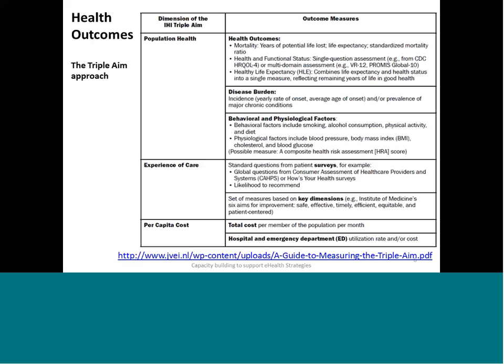You remember in the first webinar series, I talked about the Triple Aim as being a very powerful and increasingly widely used framework for assessing and guiding the development and direction of health services, because the intention is to address the issues around population health, the experience that individuals have of care, and managing the per capita cost simultaneously.